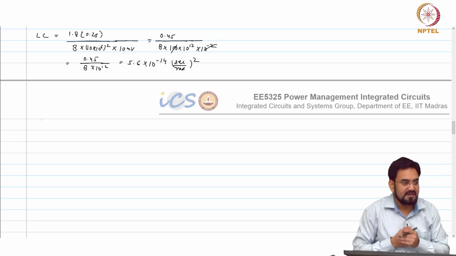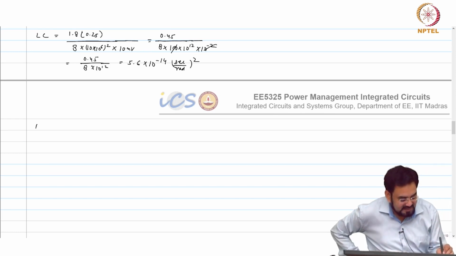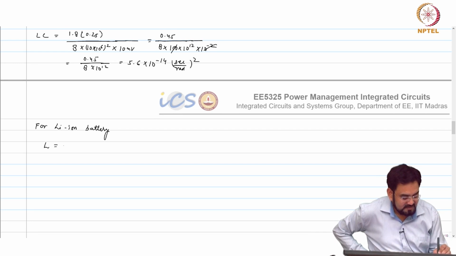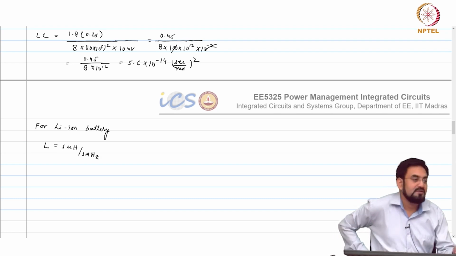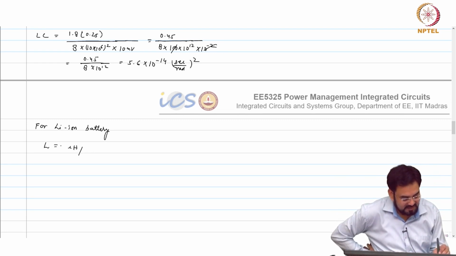People have been designing, and if you look at the trend, the inductor size, take any products and you will find, for a lithium ion battery, L is 3.3 microhenry at 1 megahertz.